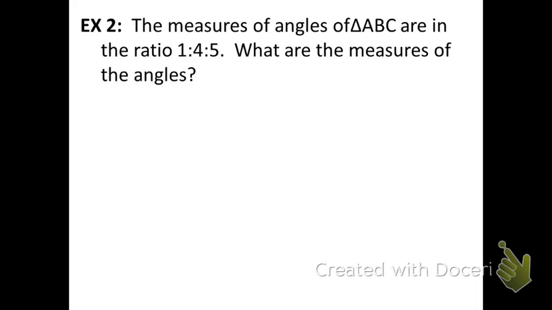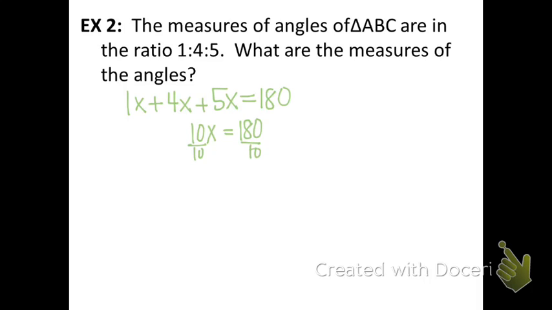In example 2, it says the measures of the angles of the triangle are in the ratio 1 to 4 to 5. What are the measures of the angles? One way to solve this is to take 1x plus 4 times x plus 5 times x equals 180. Then we combine these, which gives us 10x equals 180. Divide by 10, and that gives us x equals 18. So our first angle is 18 degrees.